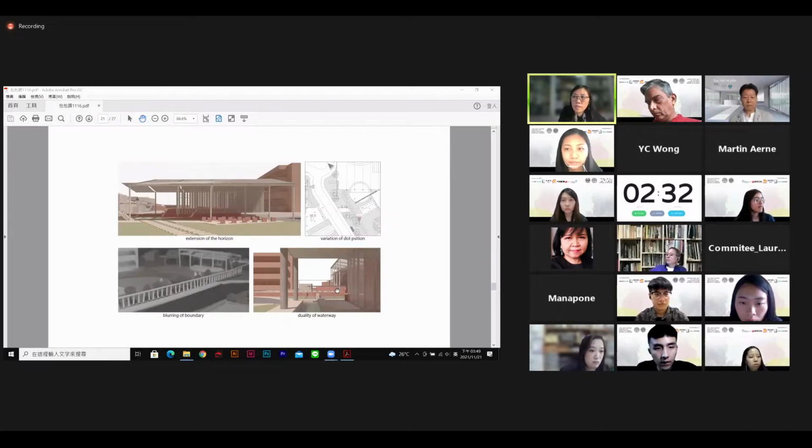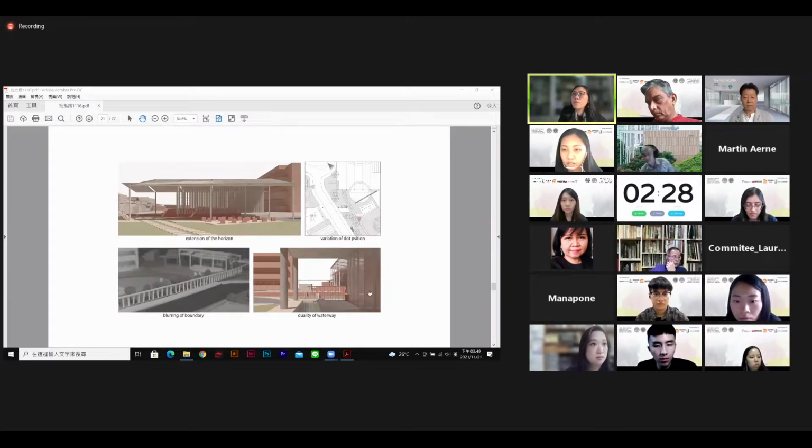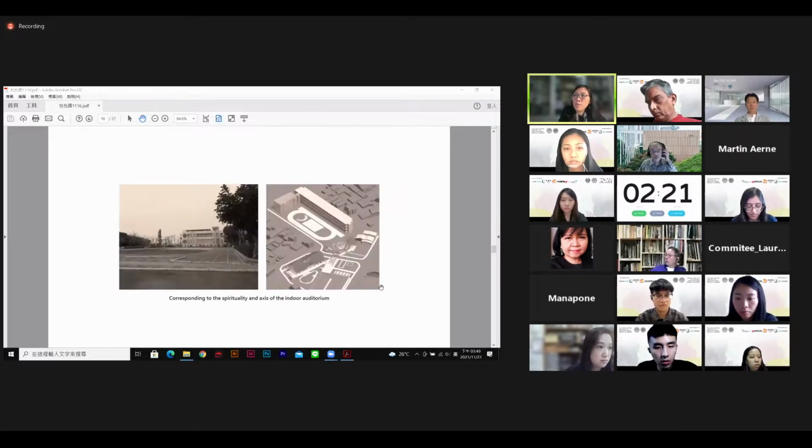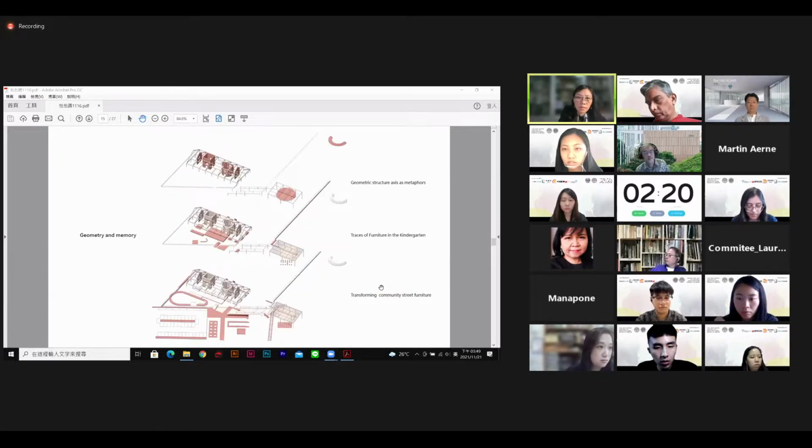No, it's the in-between space of your column, of your square vertical space with the curved staircase. Do you have that one? No. Curved wall or the fabric wall?